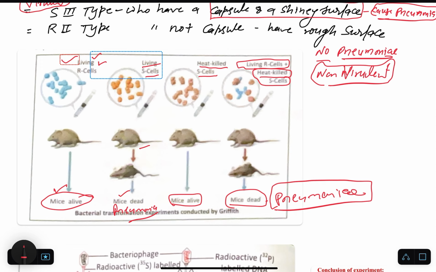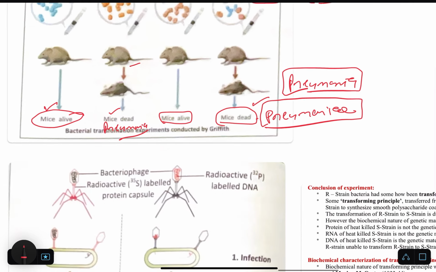But when he used both together, the mice die due to pneumonia. So he was very confused, and he concluded that some properties might have changed inside the R type, and it transforms into S type and may cause pneumonia.